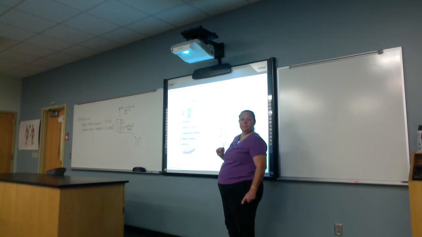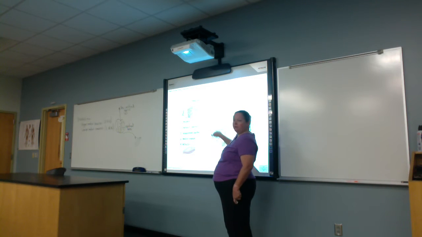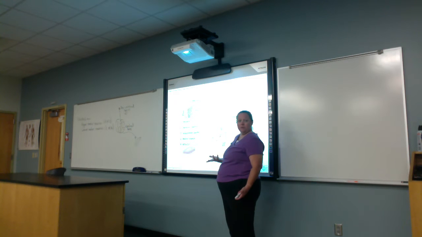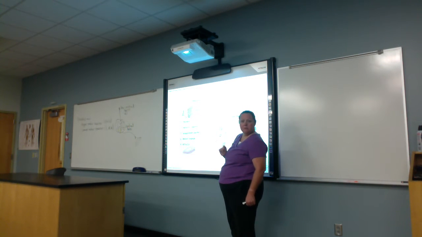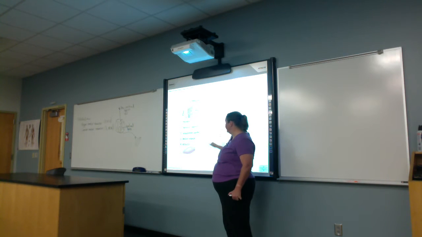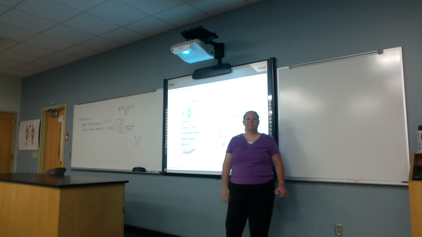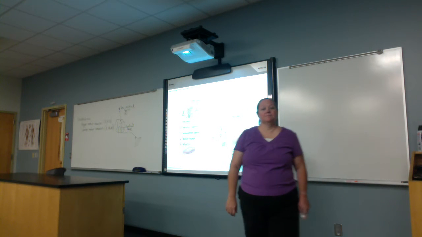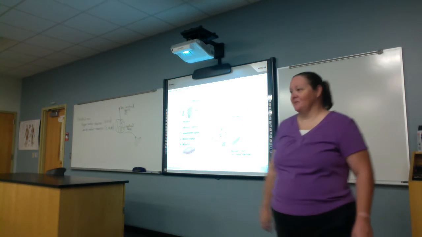Dorsal horn. We have our interneuron that goes from the dorsal horn to the ventral horn, where it synapses with our lower motor neuron. And this is going to leave the spinal cord through what? The ventral root.